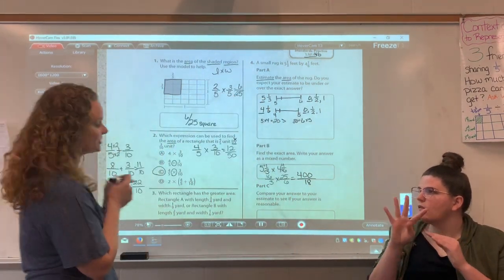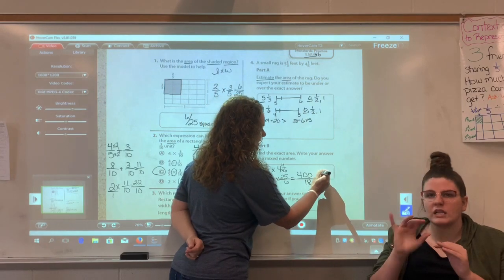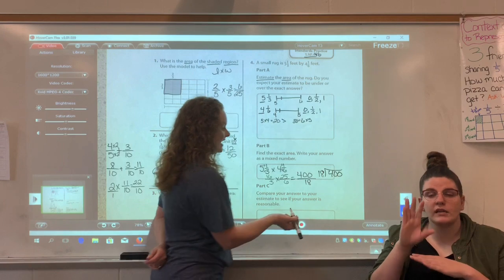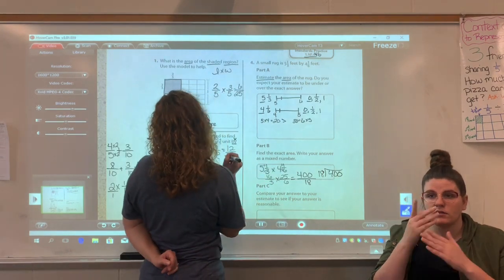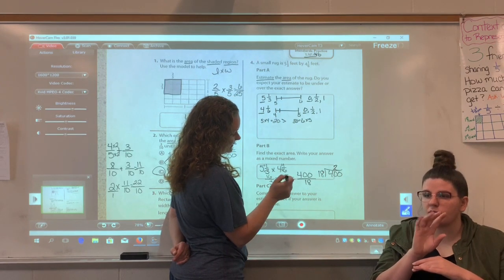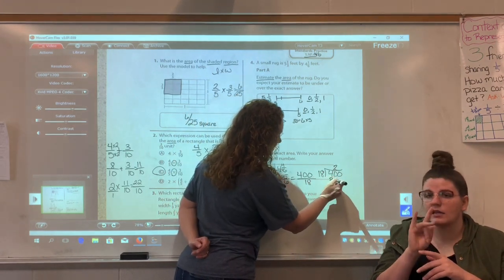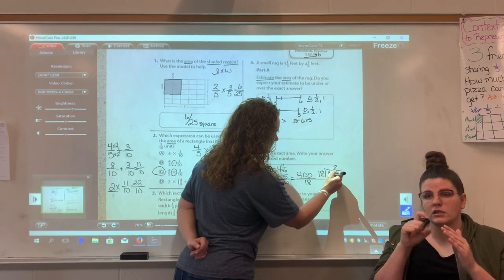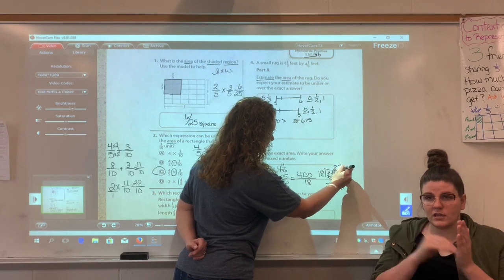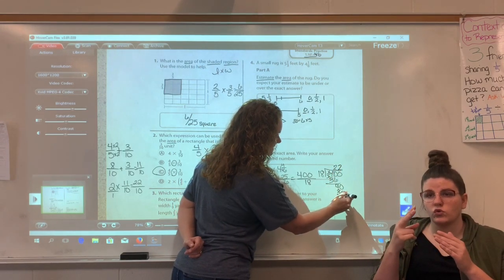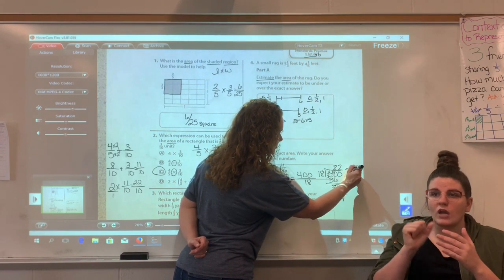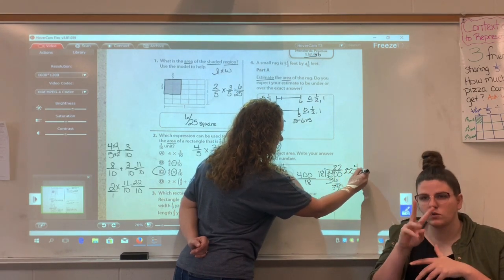So that's my improper fraction. I have to take 18 into 400. 18 into 40 goes 2 times. 2 times 18 is 36. I subtract that out and end up with another 40 down here. 18 into 40, another 2 times, which becomes 36. I subtract, I have 4, so it would be 22 and 4/18.